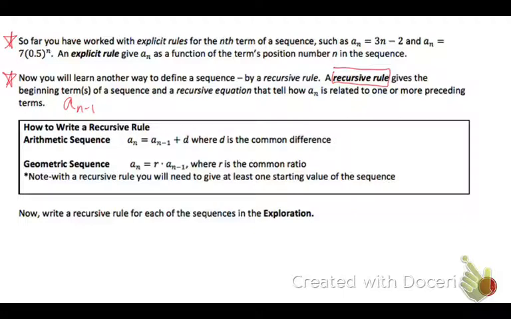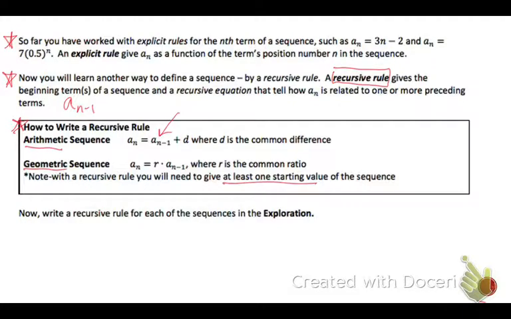So if you look in the box how to write a recursive rule for an arithmetic sequence, we have any term a sub n equals the term that came before plus the difference. Now we are going to need to give a starting term with this rule. Otherwise, you won't be able to generate the sequence. Look at how to write a recursive rule for a geometric sequence.